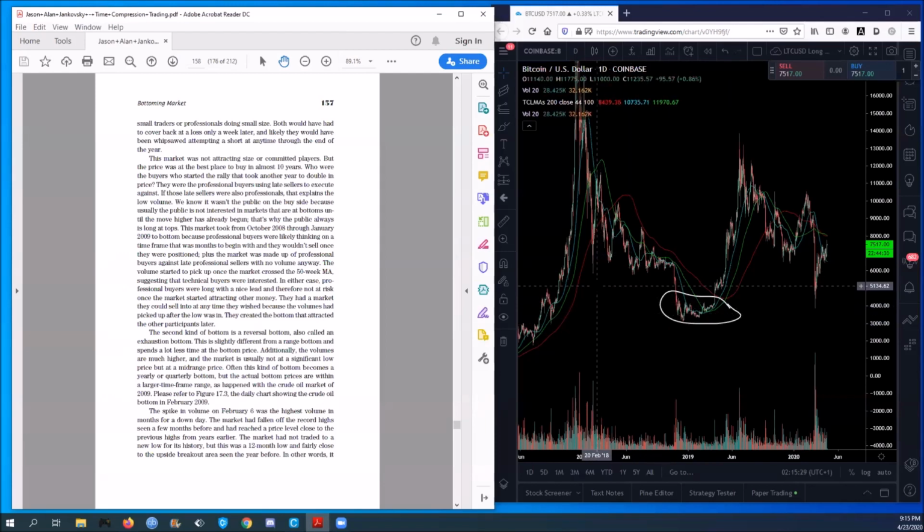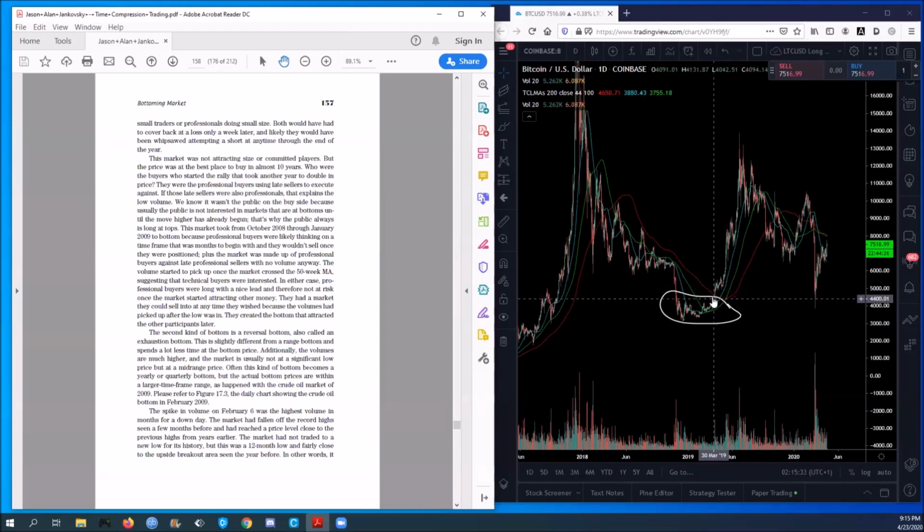Who were the buyers that started the rally? It took another year to double in price. Who came in here? Was this real retail? Was this institutional? Was this Tether? Because here's my next what if for all of you out there that are trying to decide if this is a bottom. If Tether came in and pushed us up, did we really get a chance to bottom?